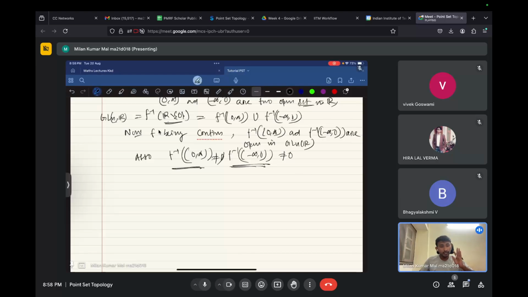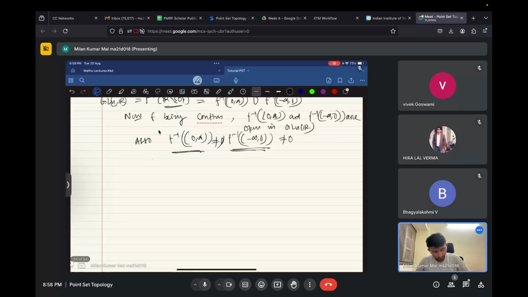Those are non-empty open sets, and also they are disjoint. The intersection of f inverse of (minus infinity, 0) and f inverse of (0, infinity) is empty. That means GLNR is disconnected.